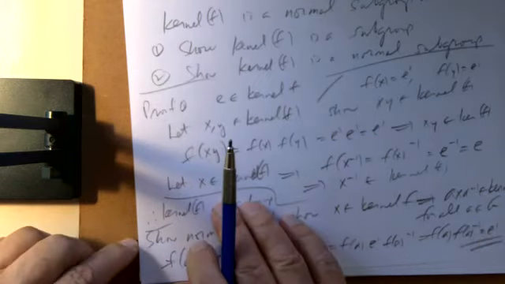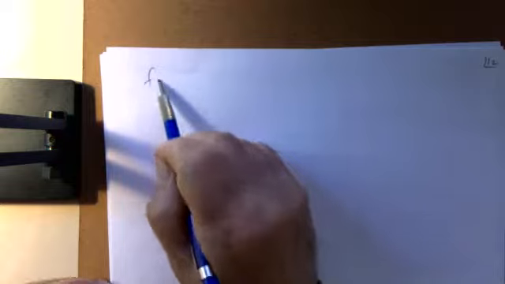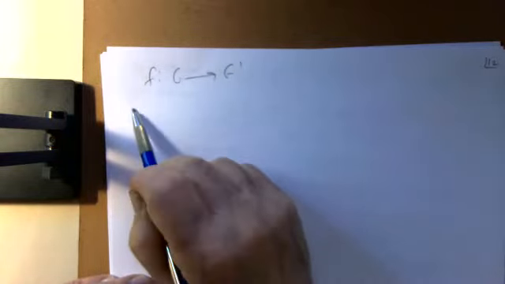Now, there are other subgroups associated with the homomorphism, and let me show some of them. So we have f from G to G prime.